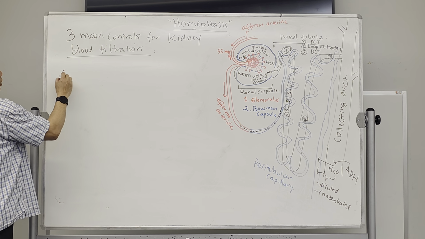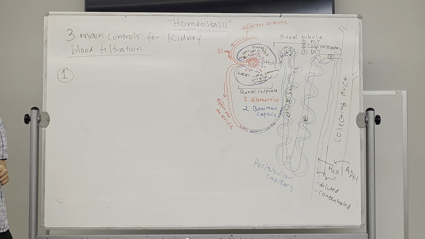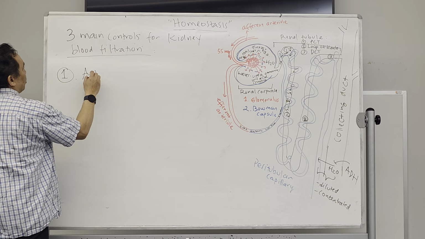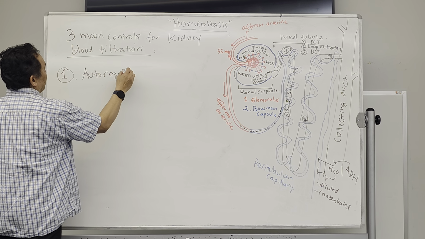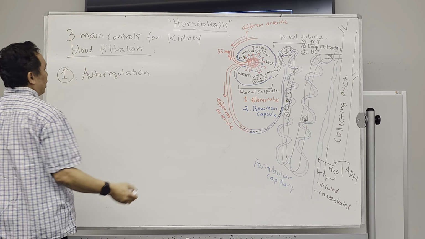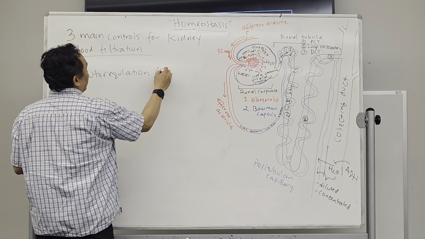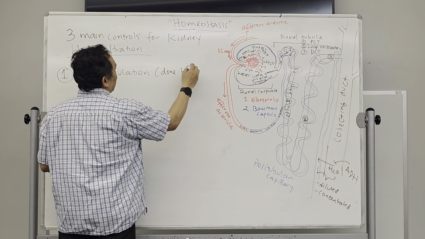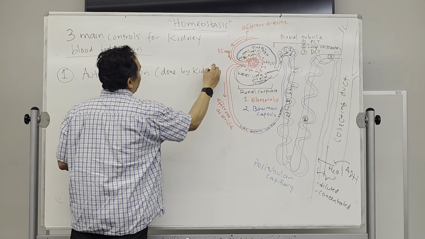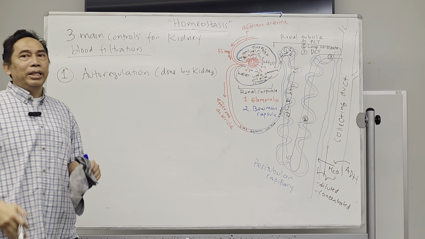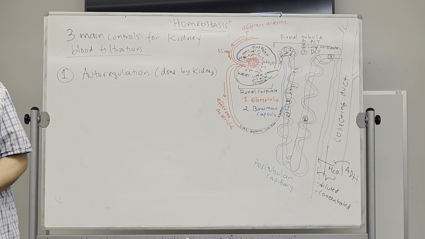First, there is a control that is done by the kidney itself. It's called auto-regulation. Auto-regulation is done by the kidney. So the kidney has the ability to control this process.